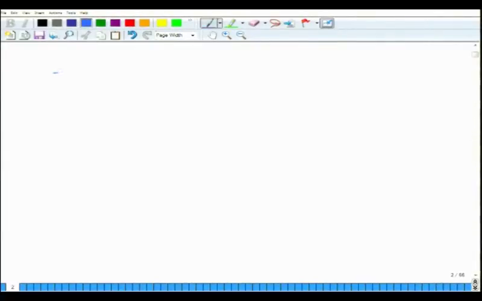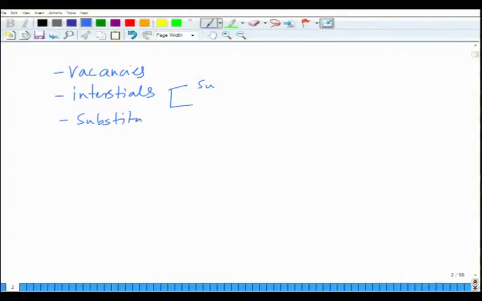So, now we have seen that there are point defects such as vacancies, interstitials, and substitutional impurities. Sorry, interstitial cannot be substitutional.